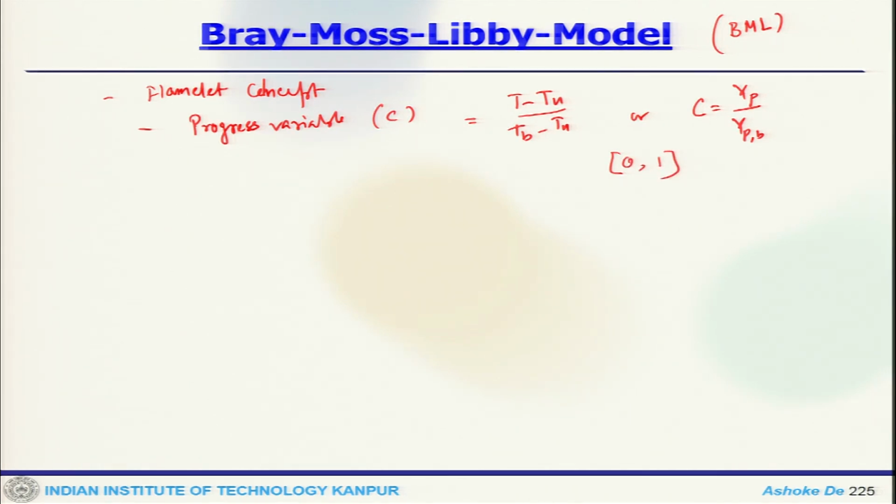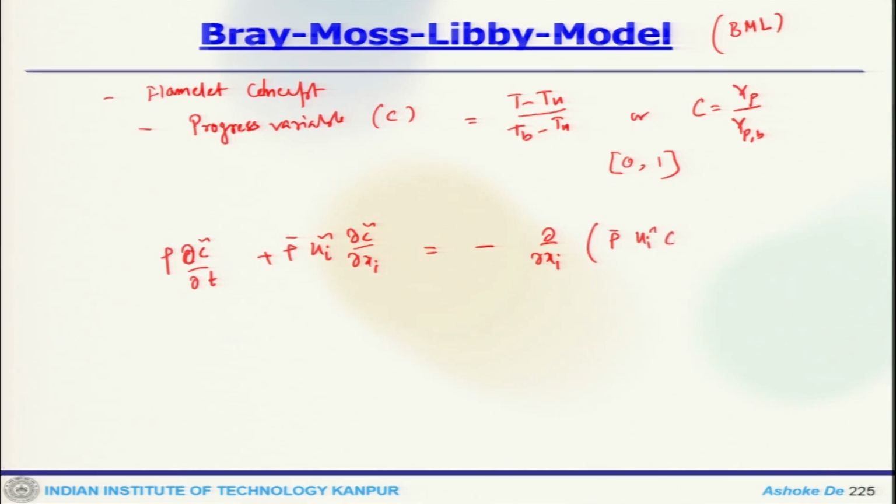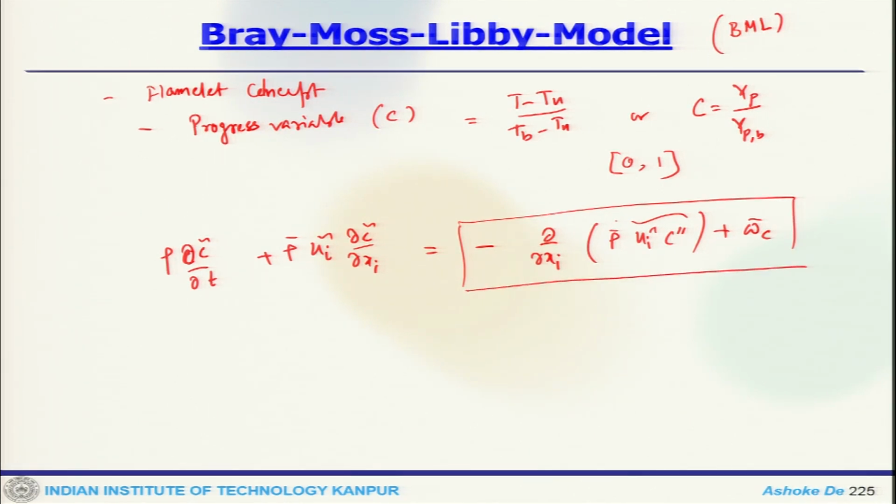Now, the Favre averaged transport equation, when you neglect the molecular transport, is: rho bar del C tilde by del t plus rho bar u_i tilde del C tilde by del x_i equals minus del by del x_i of rho bar u_i double prime c double prime, plus omega c bar. These two terms on the right hand side are not closed terms, so one needs closure for them.